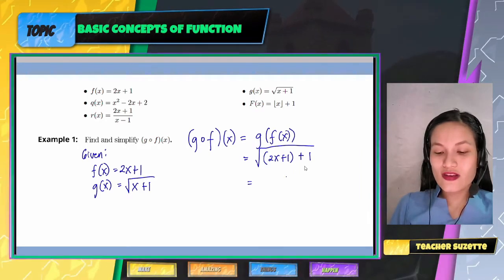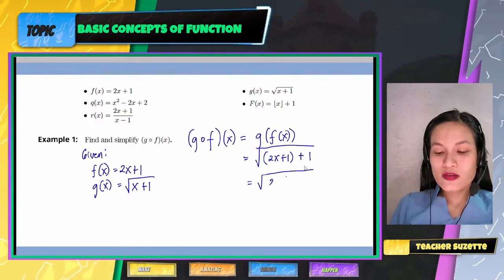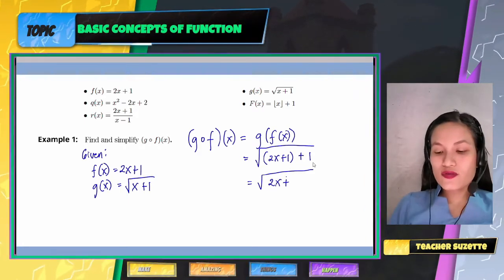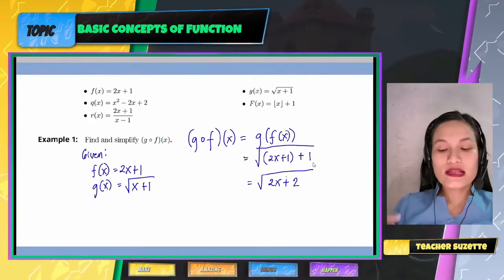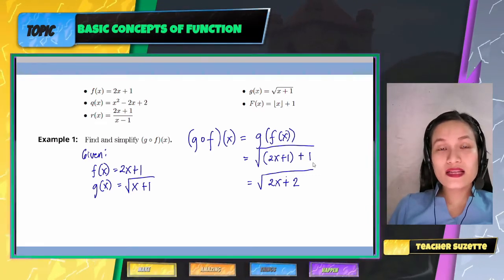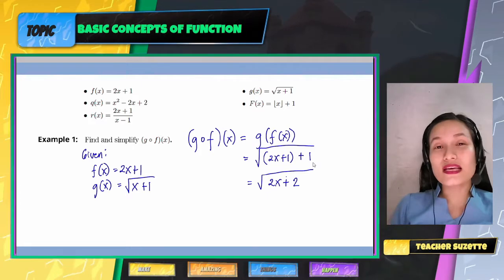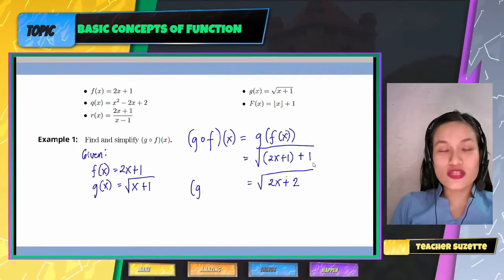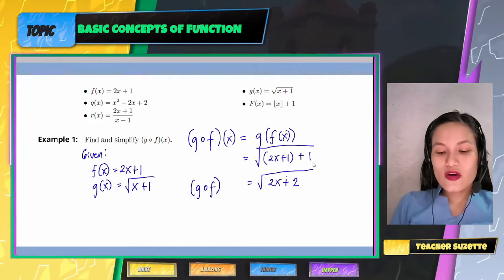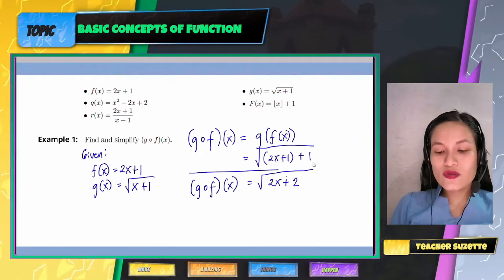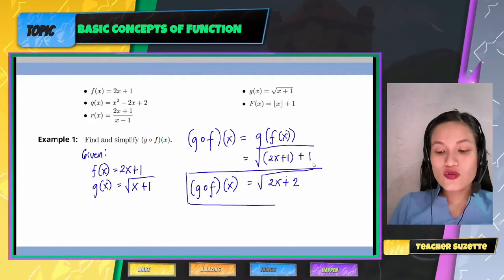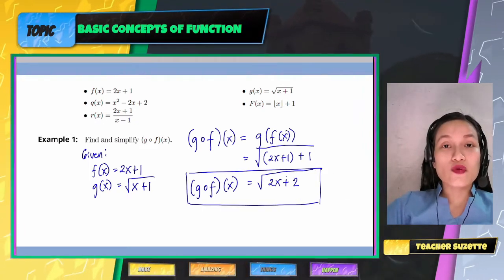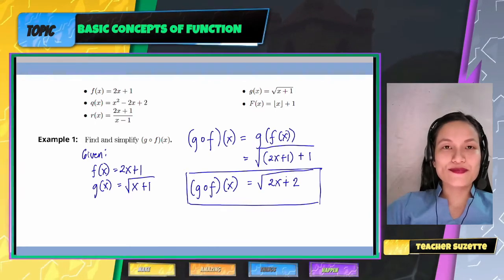So you will have the square root of 2x, then add 1 plus 1, so we will have 2. Then let's see if we can simplify further. Obviously, we cannot take anything out of the square root sign. Therefore, the composite function of g with f of x is equal to the square root of 2x plus 2. So this is our answer for example 1.